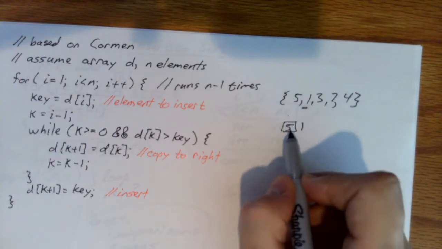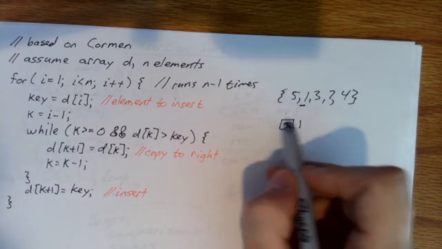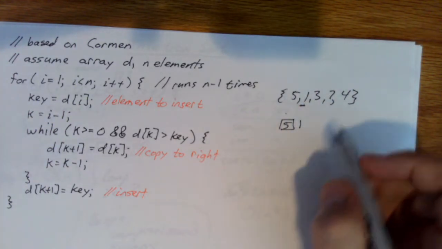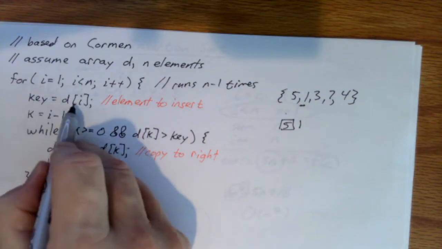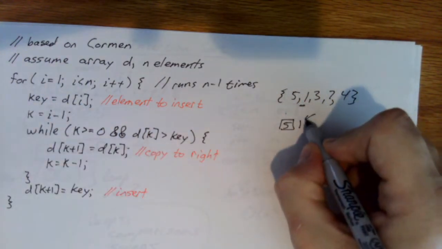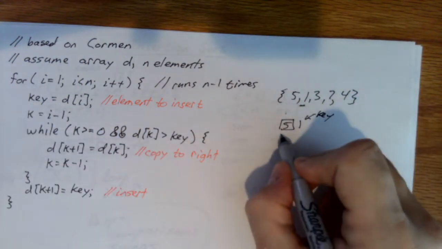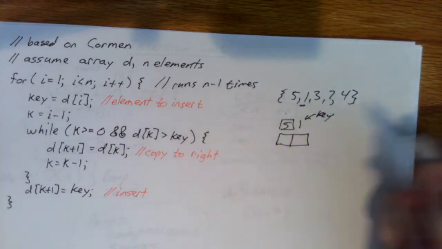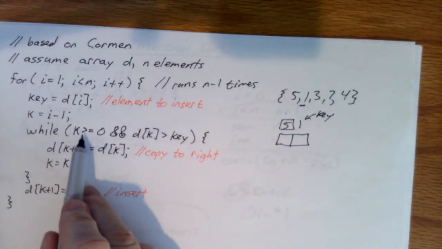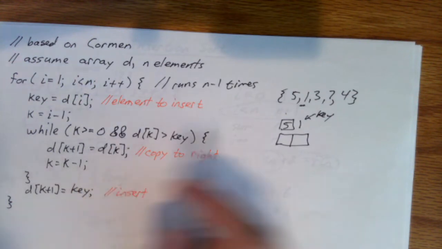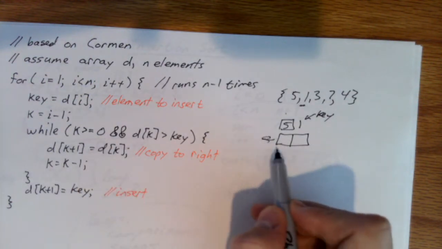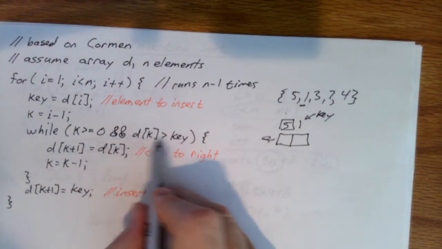So when our subarray contains only the element 5, it has to already be sorted, right? Because it only contains one element. It can't be out of order. So now what we're going to do is save D sub 1, right? So this is going to be our key. And so now we're looking at these two array positions. And then what we're going to do is say, while k is greater than or equal to 0, we don't want to run off the end of the array, and D sub k is greater than the key.